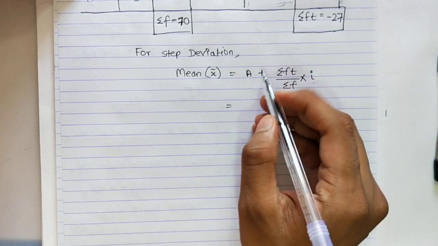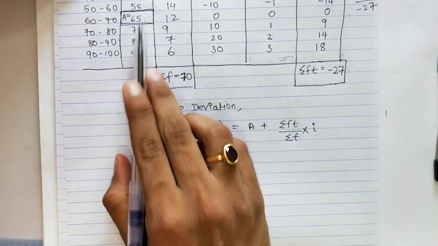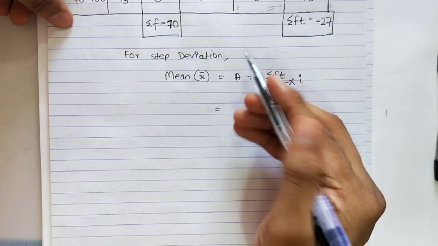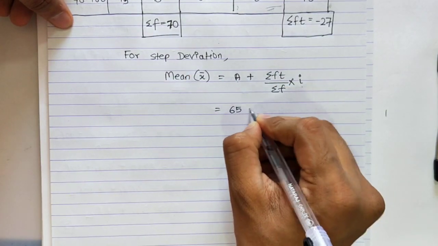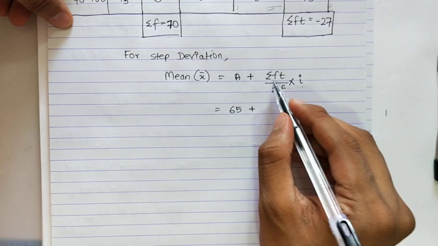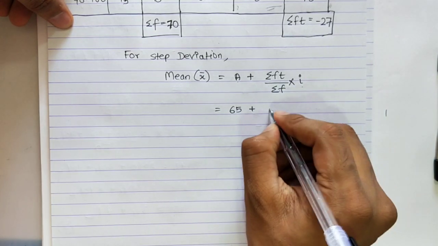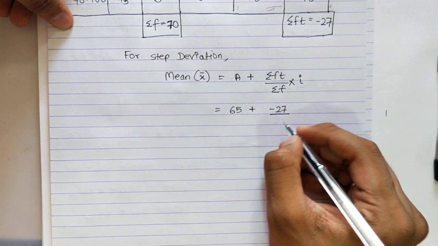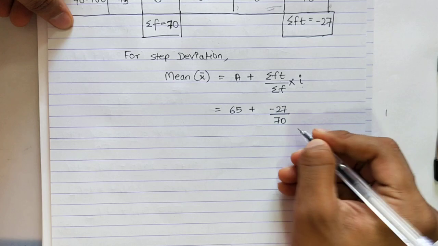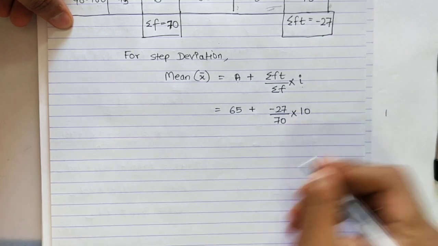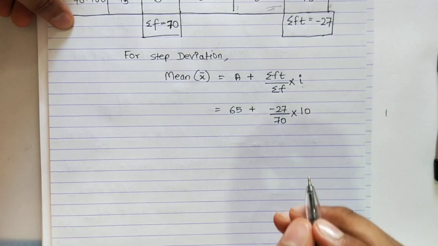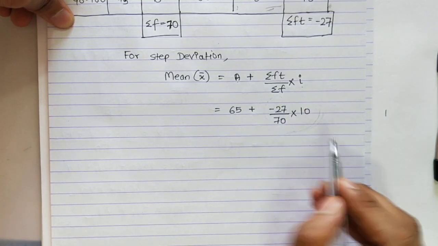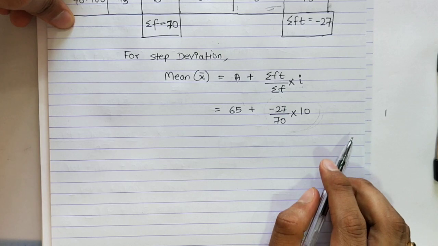Now let's put the values. So I took assumed mean as 65. Okay, see here, I'll take 65 plus summation of ft, which is minus 27, upon summation of f, 70, into I, 10. Okay, always keep a habit of solving this part first, this entire part, and then touch this value of a.